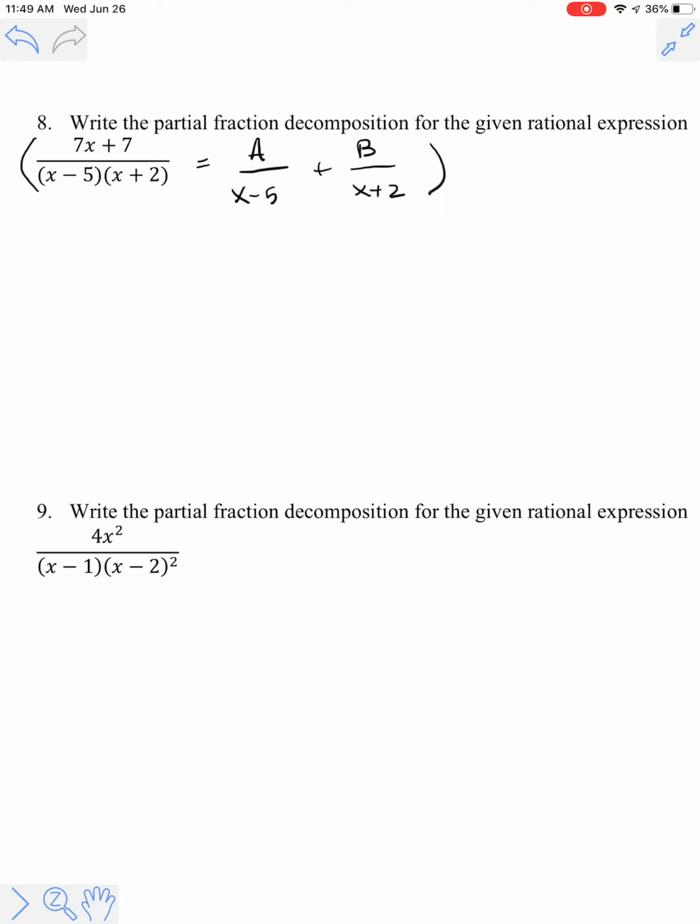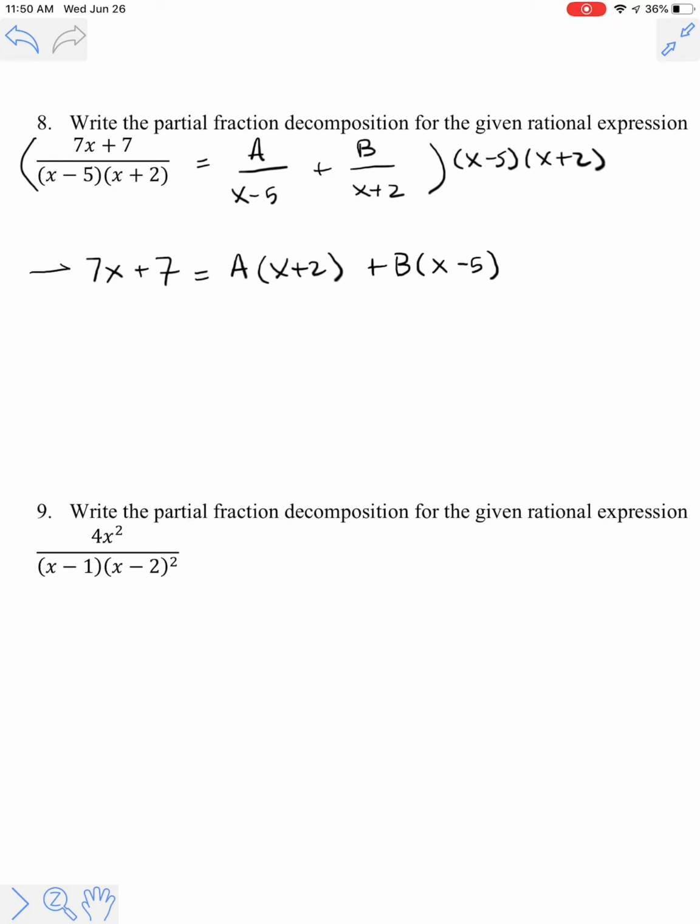And if we multiply this whole thing by the common denominator, then it cancels here. So on the left side we just have 7x plus 7. The x minus 5s would cancel there, so then the a would multiply with the x plus 2, and then the x plus 2s would cancel there, so b multiplies with x minus 5.